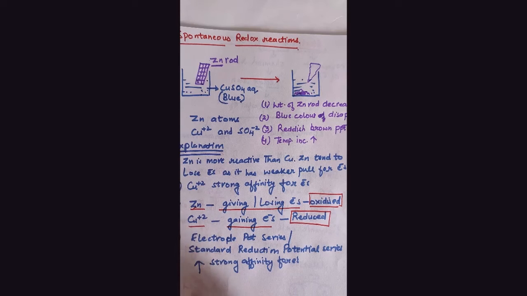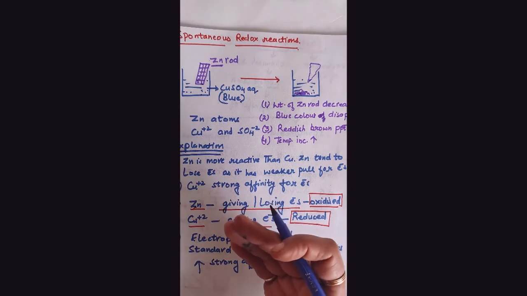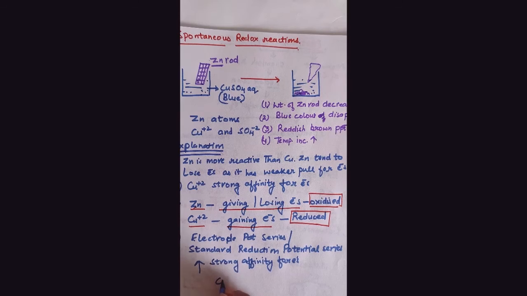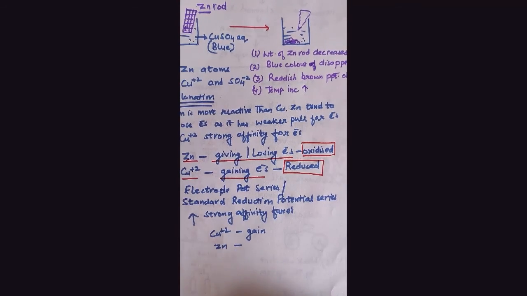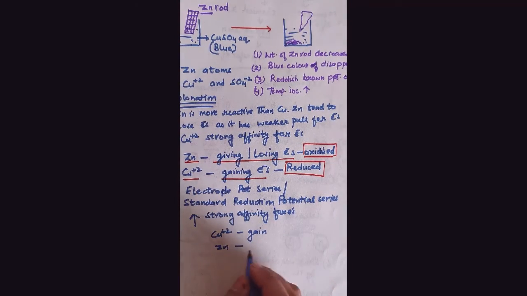Here copper plus 2 will be above and zinc will be below. Copper plus 2 has a strong affinity for electrons, so it will gain electrons, and zinc has less affinity, so the zinc atom will tend to lose electrons.